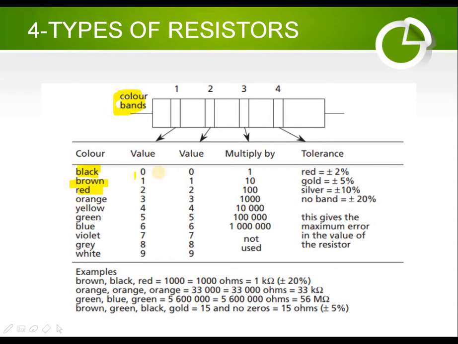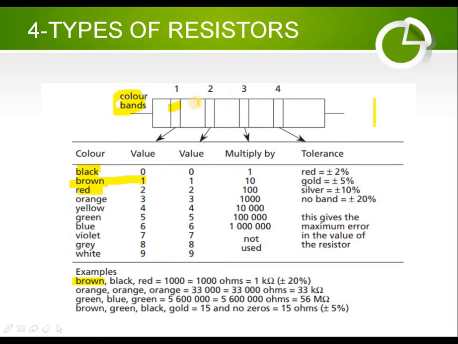These have values from 0 to 9: 0, 1, 2, 3, 4, 5, 6, 7, 8, 9. Let's take an example. If my first band is brown, then I look at the brown in the table, and I check the value, it's a 1, so I write it here as 1.